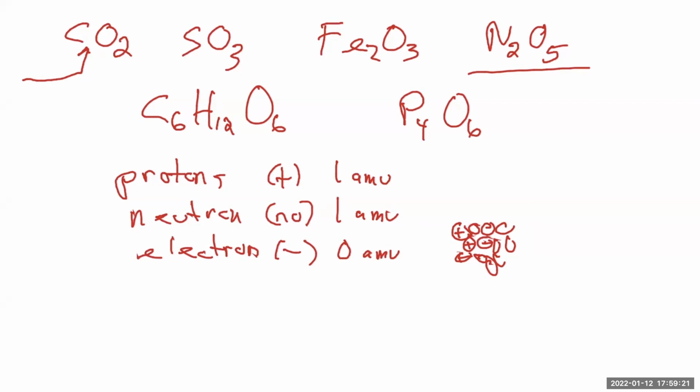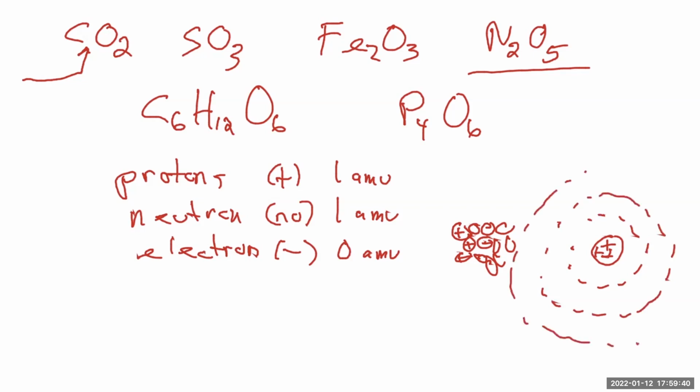Okay, protons and neutrons make up the nucleus, and electrons fly around the outside of it. So in the center of your atom, you have your nucleus, which is composed of protons plus neutrons. And then the electrons fly around it in different orbits. Now, when you look at an atom, it's mostly space.